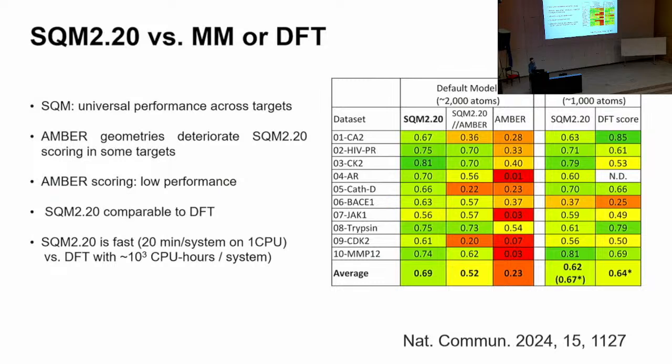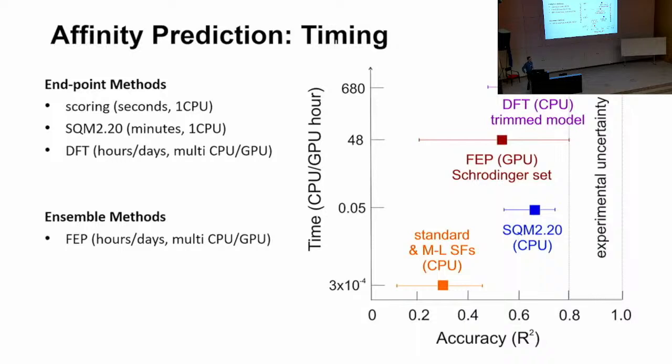And obviously the timing was different. You can see it here, where the accuracy is low for standard and machine learning scoring functions. For us, it's pretty high, similar to DFT, but in terms of timing, we are on the order of minutes, whereas DFT is on the order of hours or days.